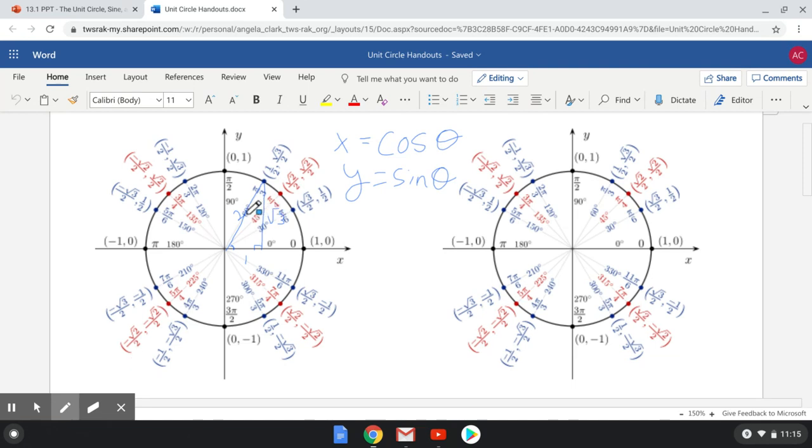So this is 60. So the cosine of 60. Cosine, remember, quick refresher on trig functions.